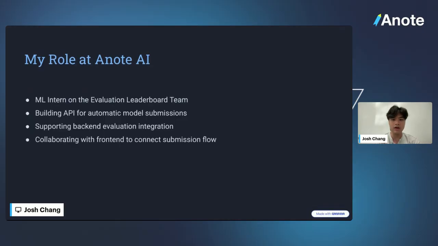Beyond the API work, I've also been collaborating with others on the evaluation team on the logic and integration for the BLEU and BIRD score metrics to make sure they run smoothly behind the scenes. I'm working with the front-end team as well to connect these APIs so that submission can go well in the actual front end, which is currently static. The presentation will focus on the submission pipeline and my contribution to building it.